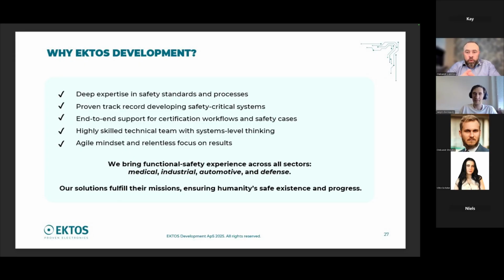So while people are probably typing more questions, what I want to say is that we at EKTOS Development provide our help and consultancy on functional safety projects and development. We can do many things.